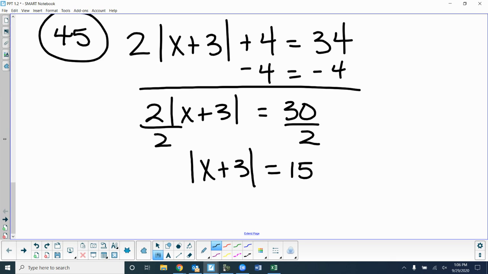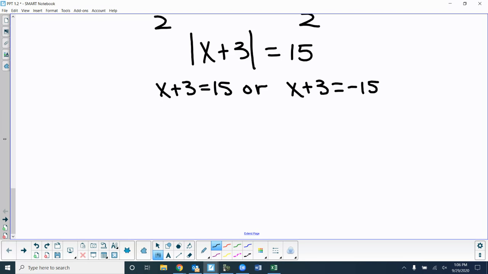Now I can write my 2 problems. And they're real easy to write, it's x plus 3 for both. Only thing that changes is the 15, and the second one becomes negative 15. And then we'll just subtract 3 in both of them.